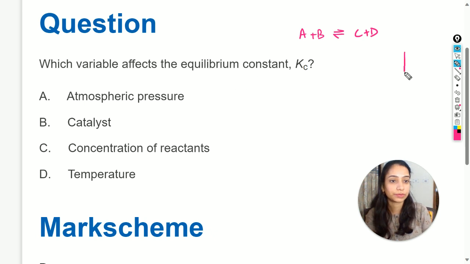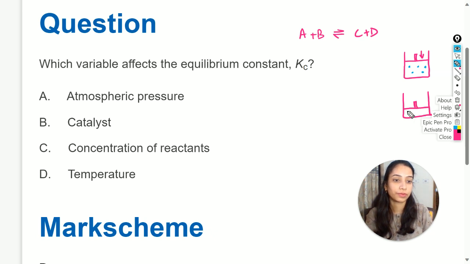Means if the gas molecules are in a container and a piston is above the system, so if we increase the pressure, means if we move the piston downwards, then the position of the piston will be here and these gas molecules will occupy this much volume now.